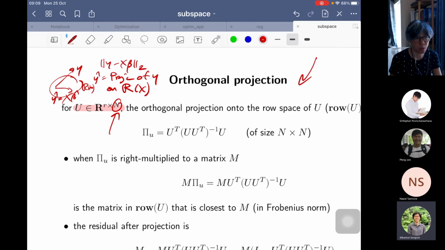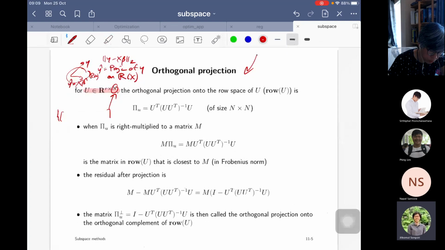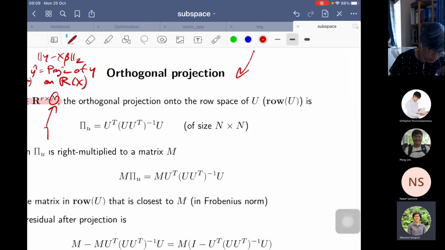Typically your U is going to be a fat matrix, which means N is huge compared to the rows of U. Okay, so the row space of U, what is the row space? The row space is, okay, let me recall. What is the row space?